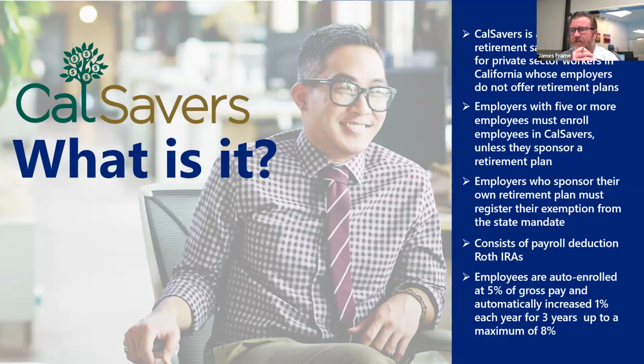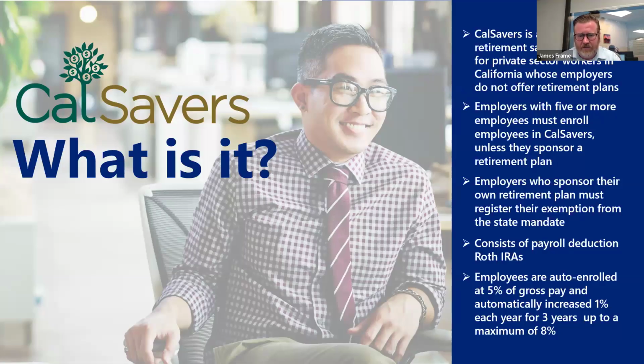The deadline is December 31st, 2025. This includes if they are part-time. This is a question I get all the time. They say, hey, it's just me. I have someone that helps out every once in a while. You've got to either do CalSavers or you've got to set up a retirement plan, okay?